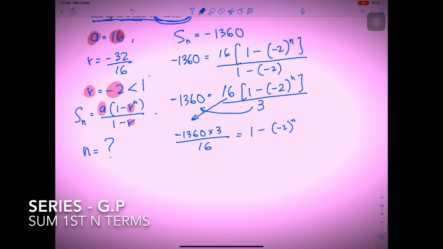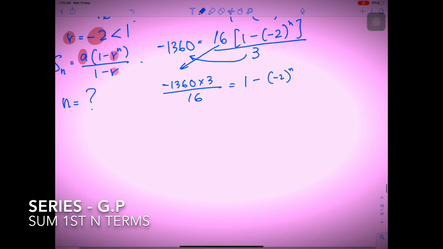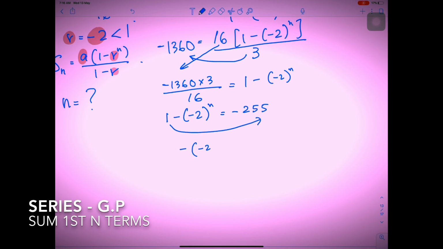Using the calculator, 1 minus negative 2 power of n equals negative 255. Bring 1 to the right, so negative 2 power of n equals negative 255 minus 1, which is negative 256.